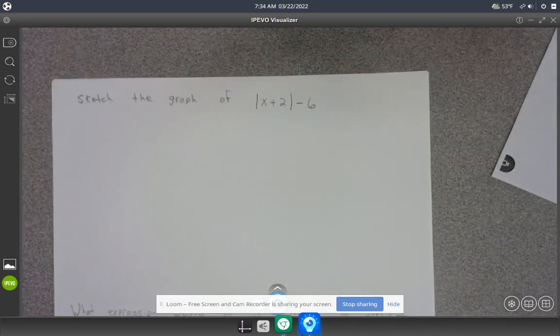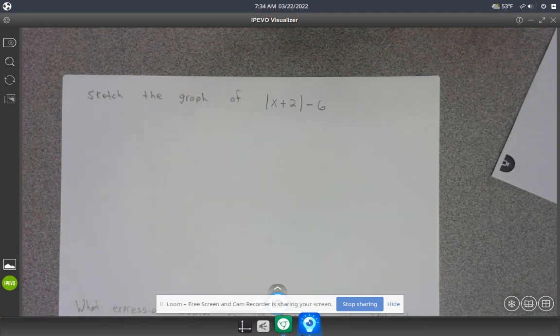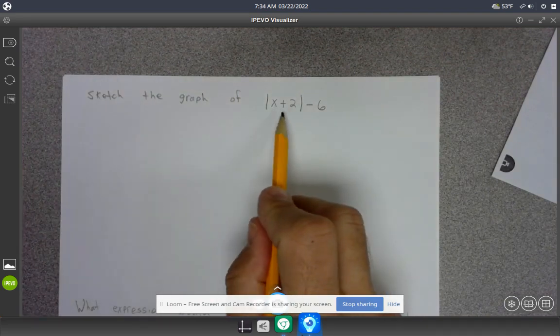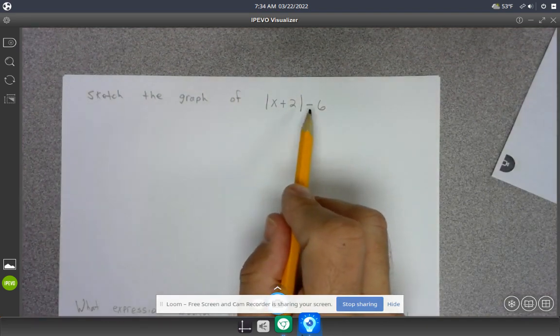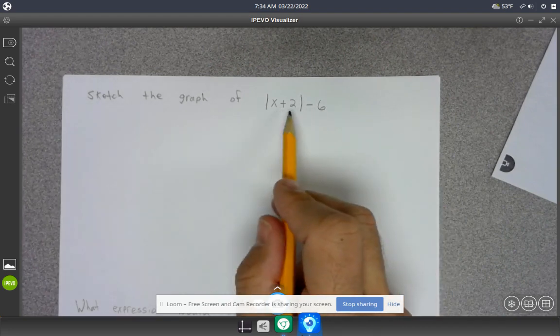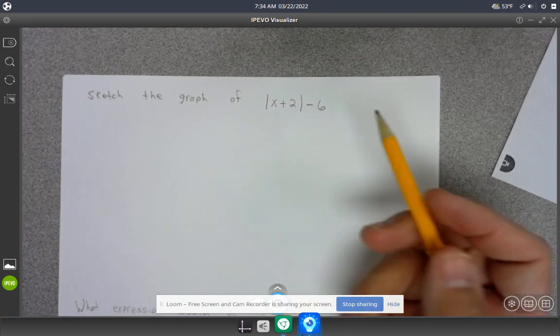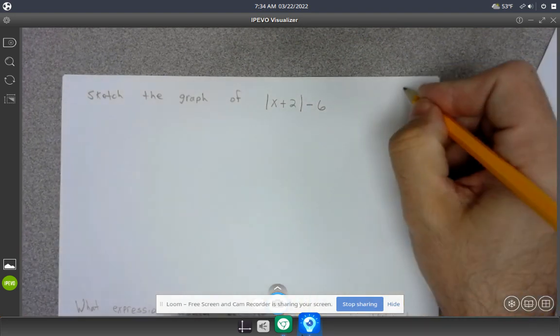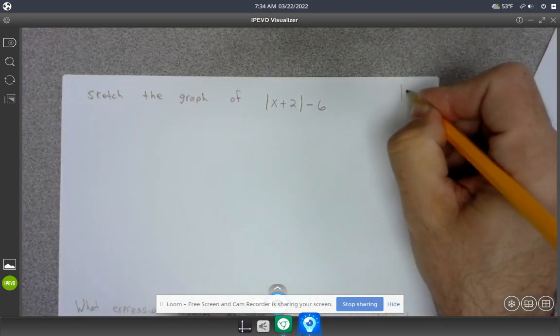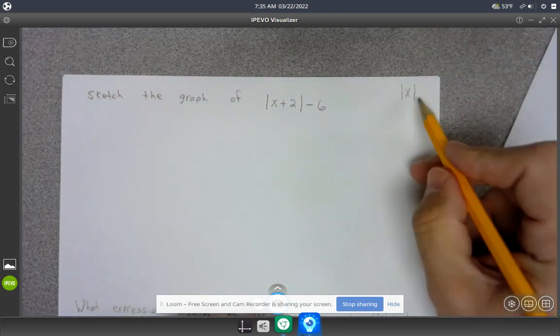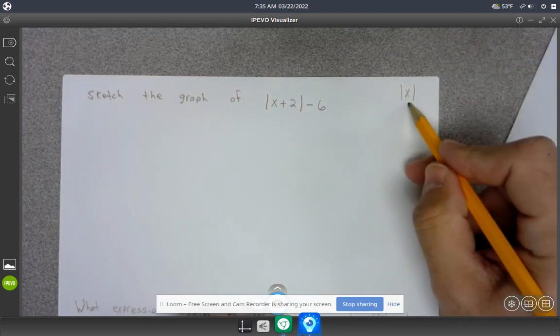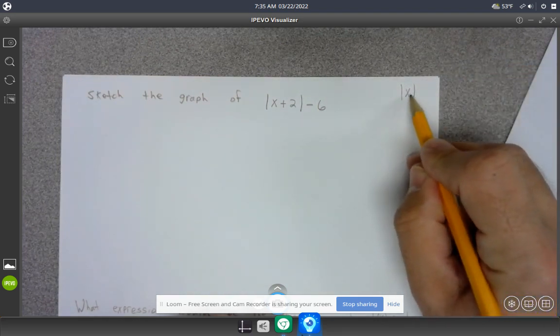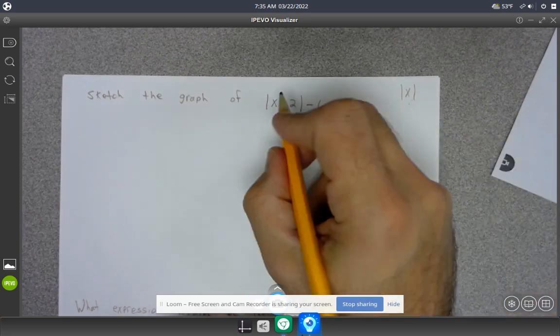Okay. Let's sketch the graph of the absolute value of (x plus 2) minus 6. Now this one's not spelled out for us in function notation, but it's spelled out in algebraic notation. So of course the original function was just the absolute value function, but what they've done is they've replaced the x with an x plus 2.